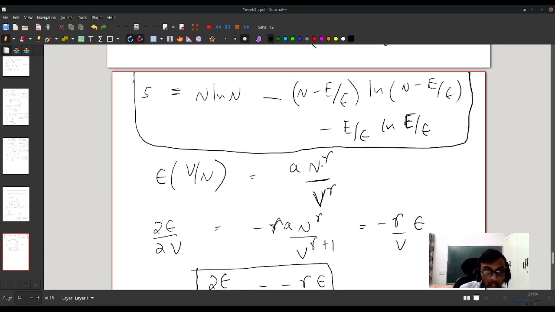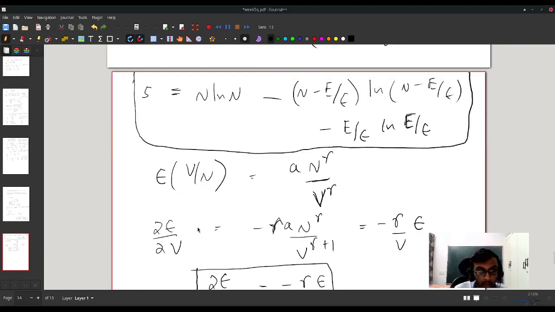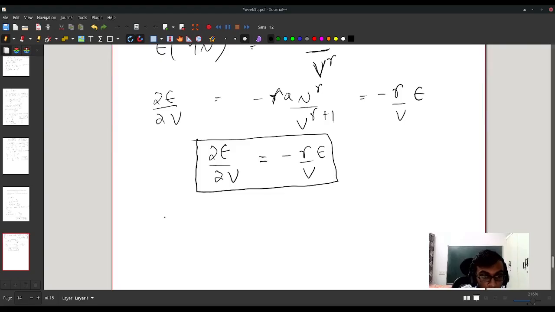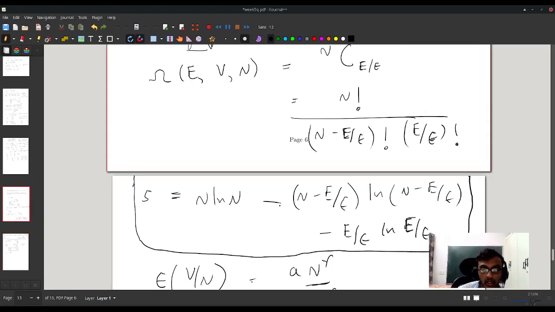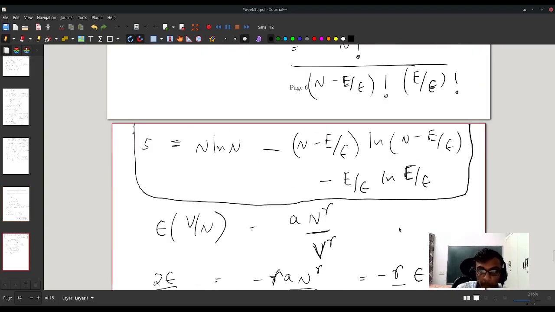When it comes to calculating the equation of state, 1 by T is again ∂S/∂E, so we can write this as, it is going to look very similar to what we did.